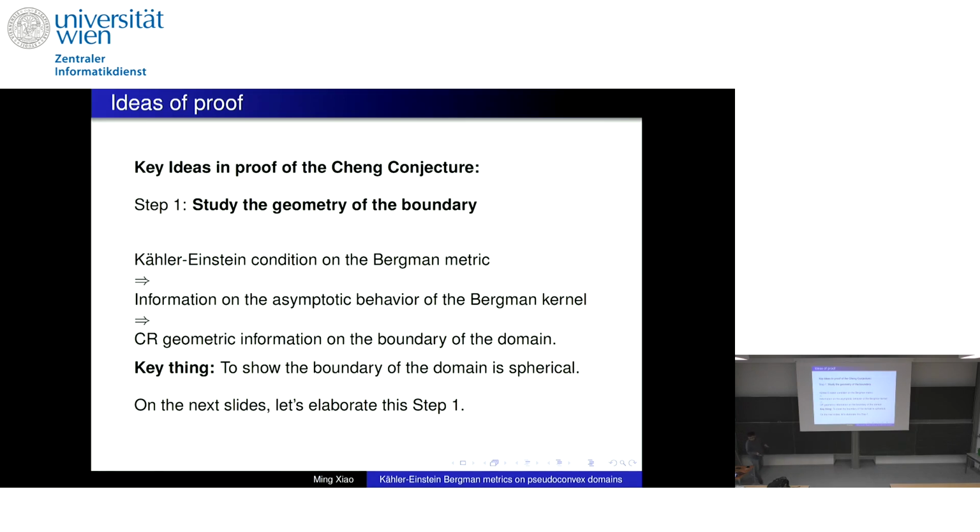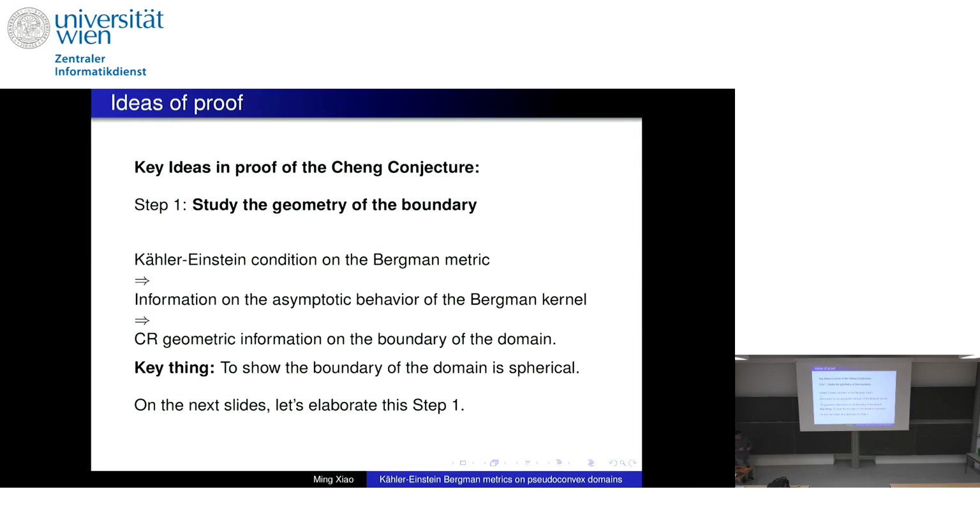From that, we can get some information on the asymptotic behavior of the Bergman kernel, from which we then derive some CR geometric information on the boundary. And the key goal is to show the boundary is spherical. That's a very rough summary of the idea in step one. And in the next slides, I'm going to elaborate on this step one.